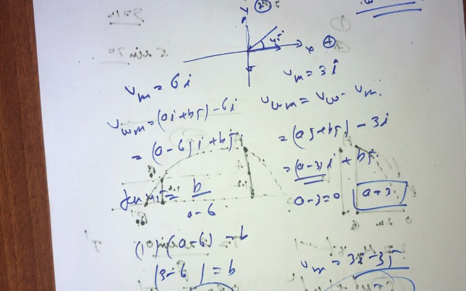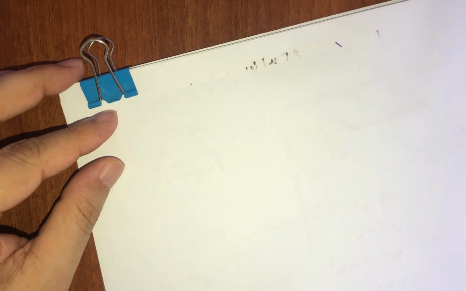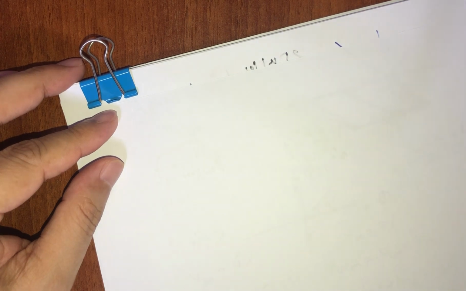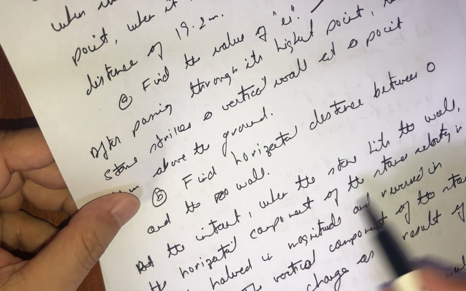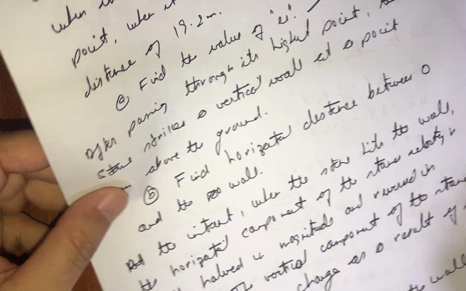Next, we are going to find the horizontal component of the final velocity. In the question it is mentioned that the horizontal component of the stone's velocity is halved in magnitude and reversed in direction.